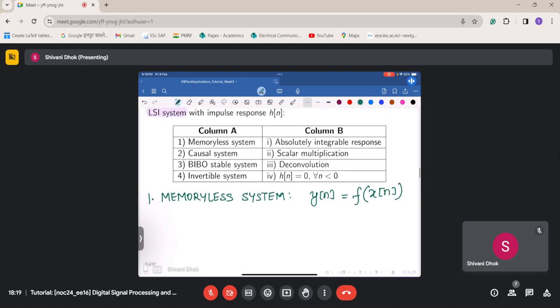So this y[n] could be, let's say, some constant multiplied by x[n]. Another approach is alpha x[n] plus, let's say, beta with some shift. Next can be some nonlinear function of x[n], let's say some f tilde of x[n], where this is a nonlinear function.